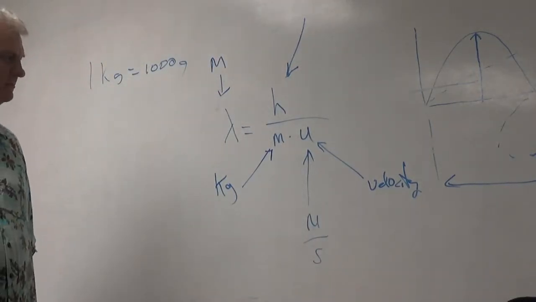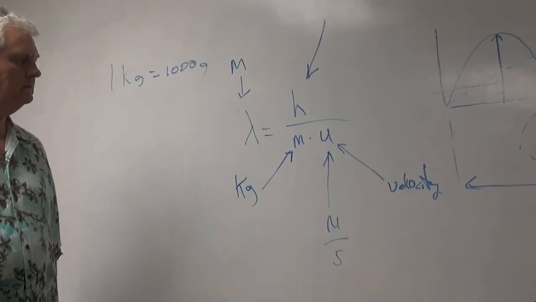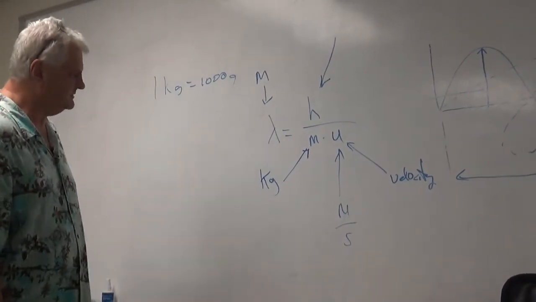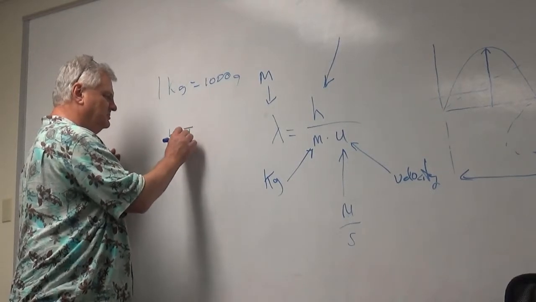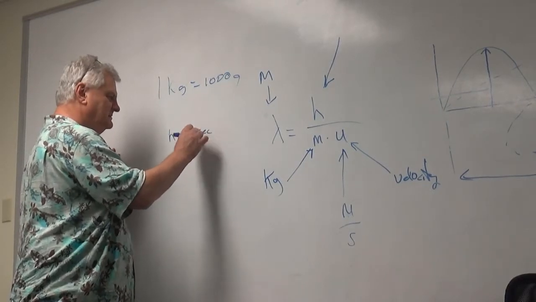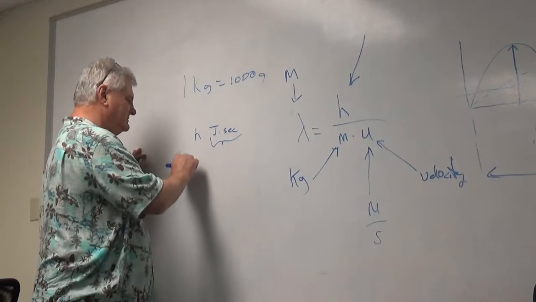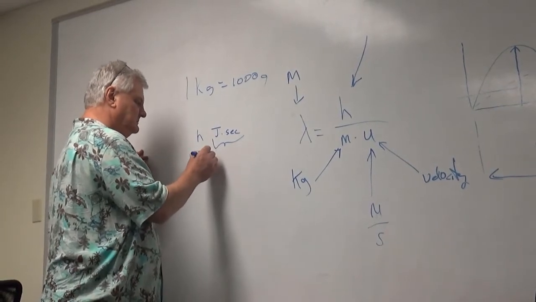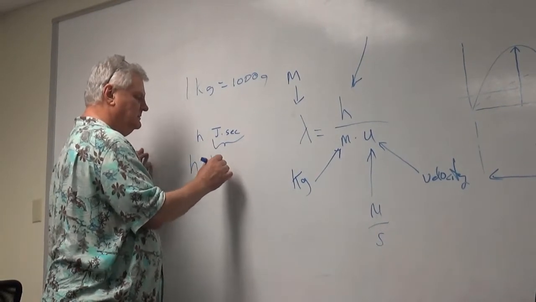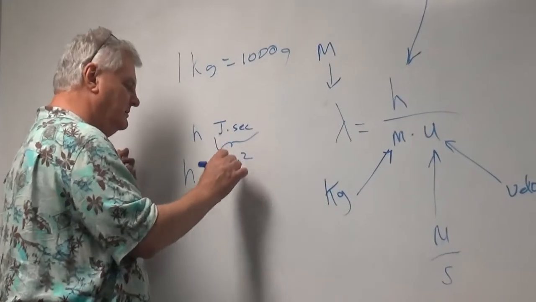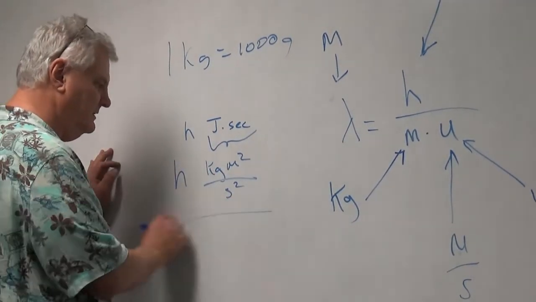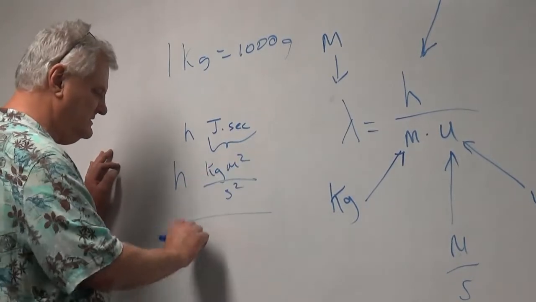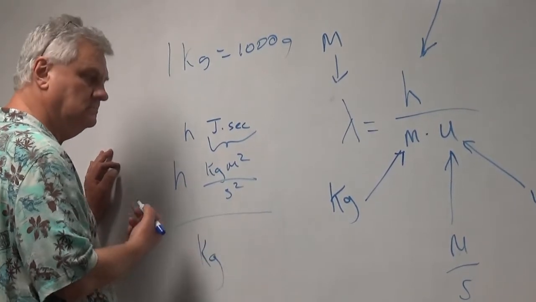To be compatible with the units of Planck's constant. Planck's constant units are joule seconds. This is the same thing as kilograms meters squared per second. And then in the bottom, your mass has to be in kilograms.